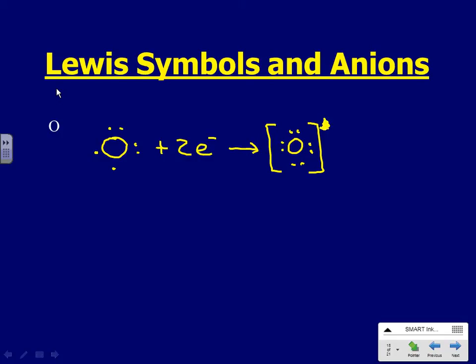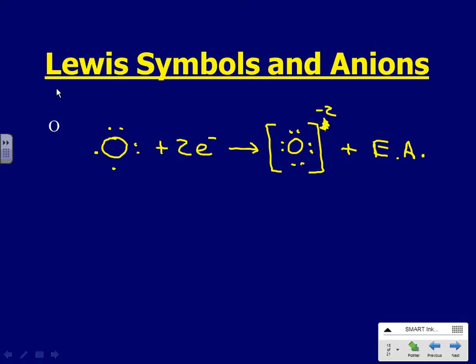So that's a mistake, and my eraser doesn't work, so I'm scribbling -2. Because it gained 2 electrons, the 2 negative charges that came along ended up being a -2 on that ion. Plus electron affinity. That's the energy that is given off. Okay?